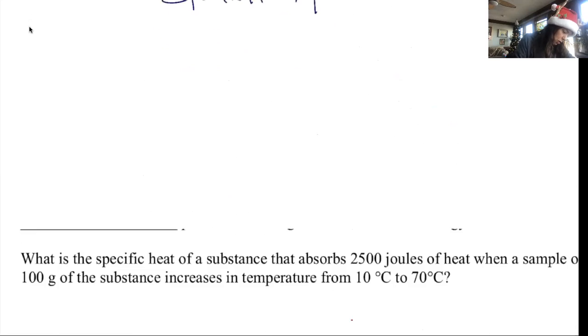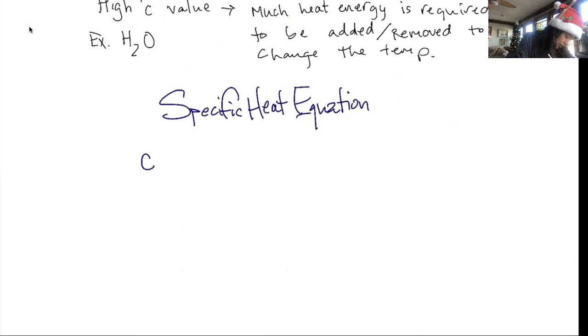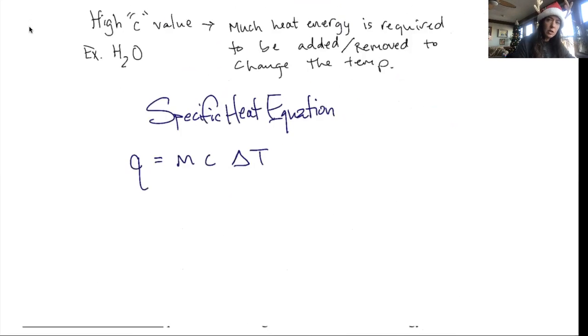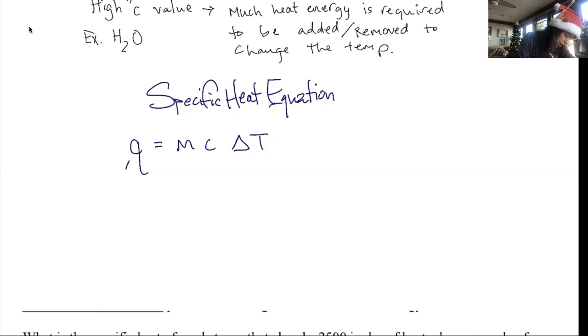All right, the equation is Q equals MC delta T. That is the specific heat equation. The Q stands for energy, and it is measured in joules. The M stands for mass, and it must be measured in grams.